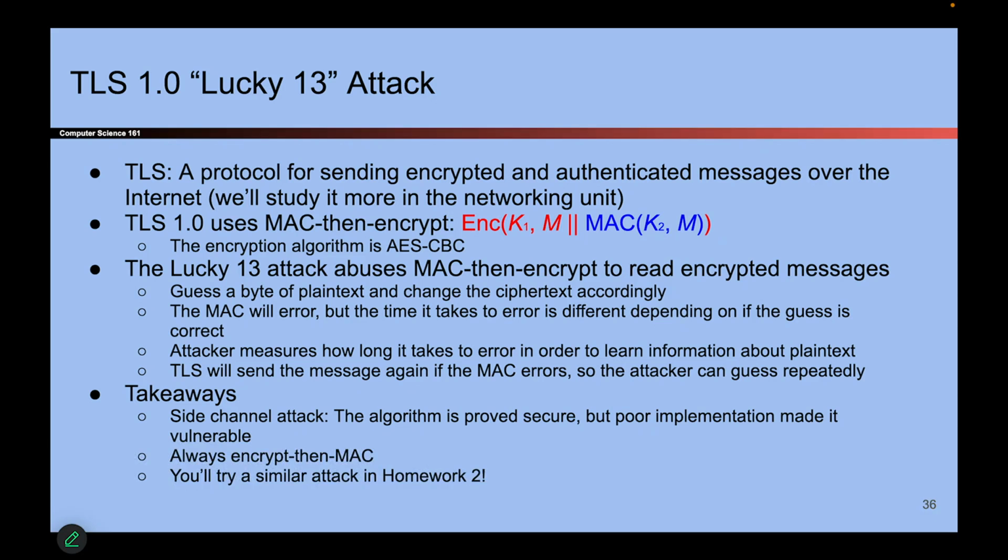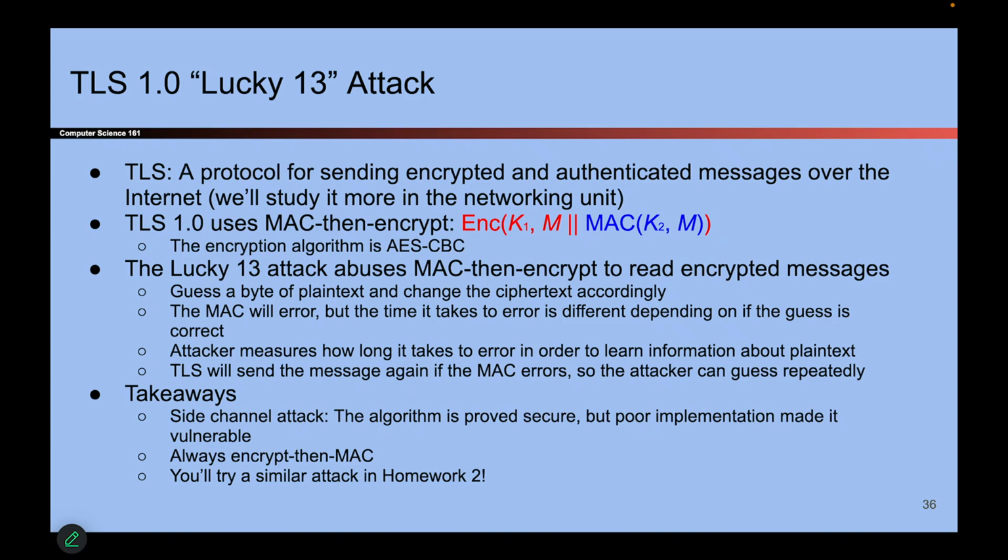OK, so one concrete attack that people have actually built, and I won't talk about it in all the detail, is one where they use the insecure MAC then encrypt scheme. And remember, the problem here was that we give someone a decryption oracle. We allow the attacker to send any data that they want, and Bob is forced to faithfully decrypt it before he can check it for integrity.